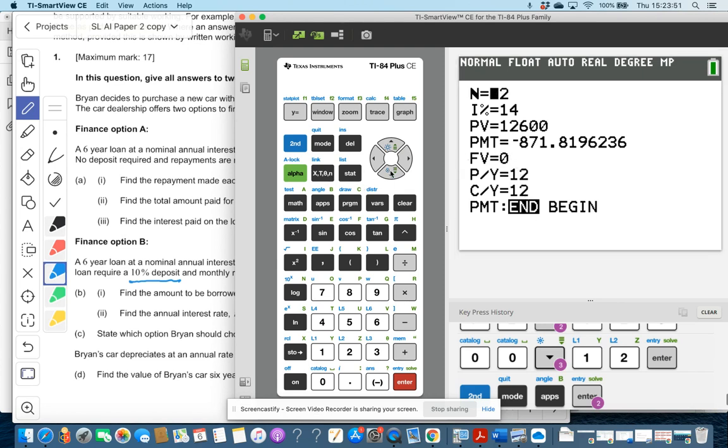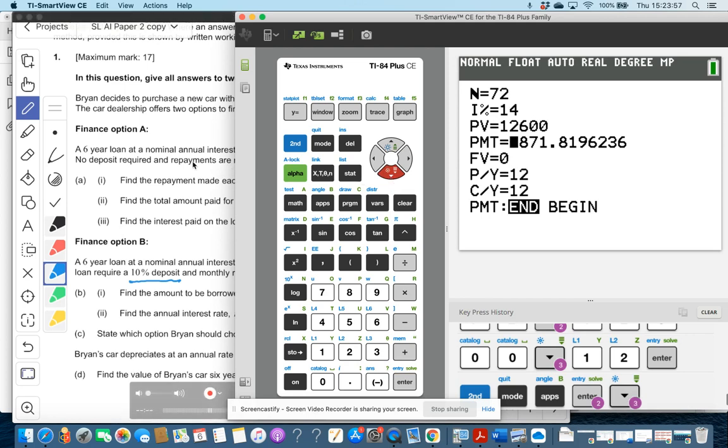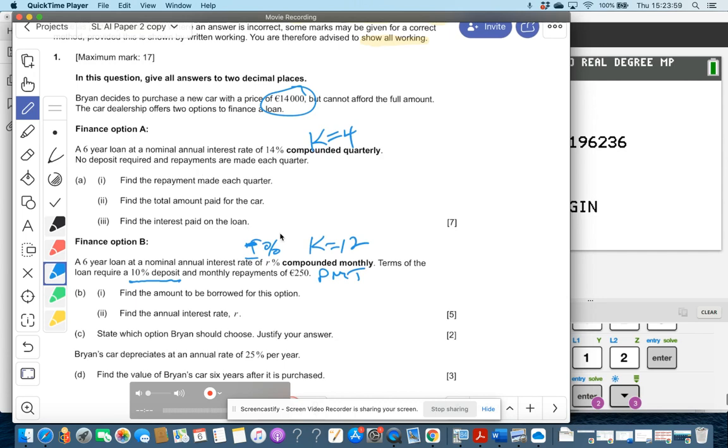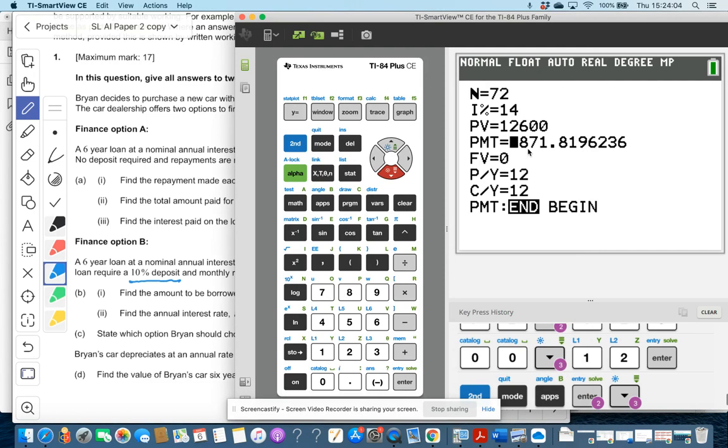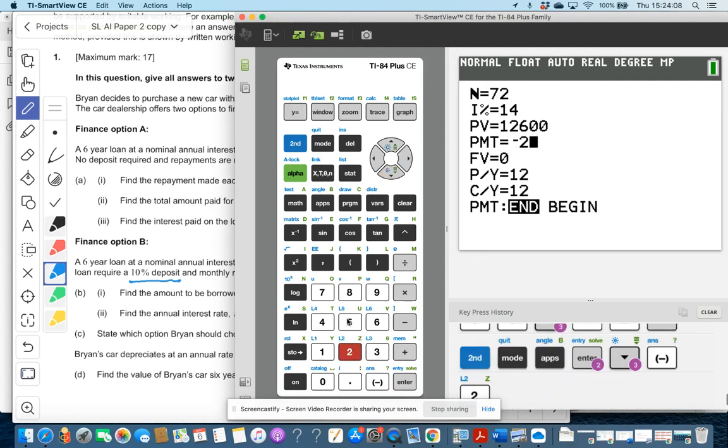And I need to solve for, okay, the payments are wrong. What were the payments? 250. So it still has to be negative here because it's money out of our pocket. Payments are 250. And then I go up and solve for interest.